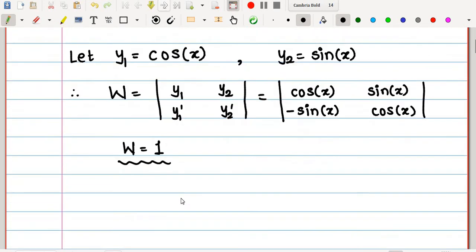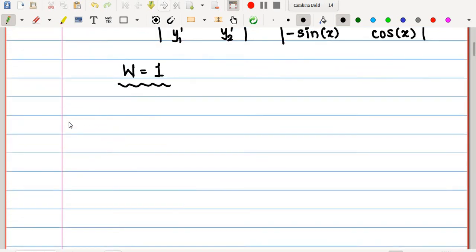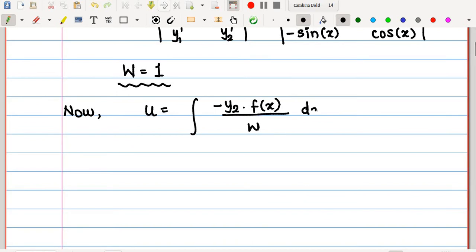Now W is calculated. So we find the required value for u, where u is equal to the integral of minus y2 times f of x upon W, taking this integration with respect to the independent variable x. Now we substitute values.